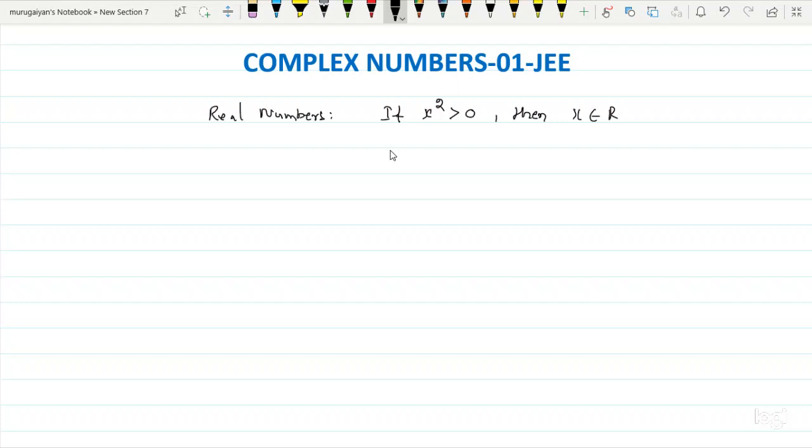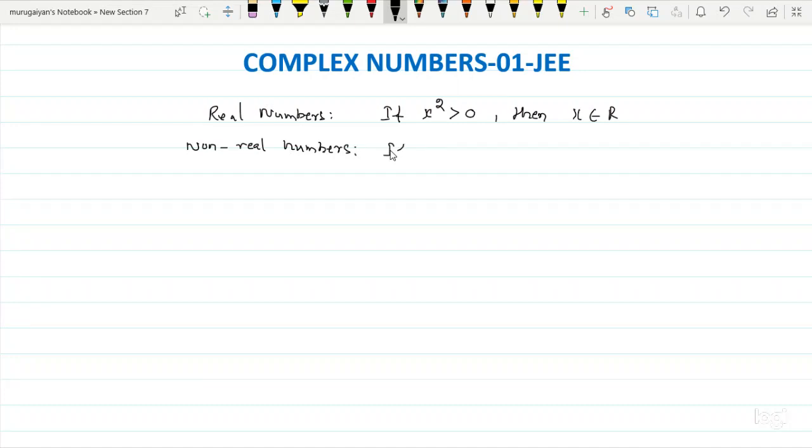A non-real number: the condition of non-real numbers is just the opposite.